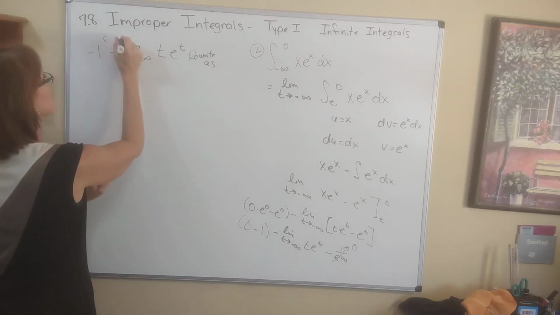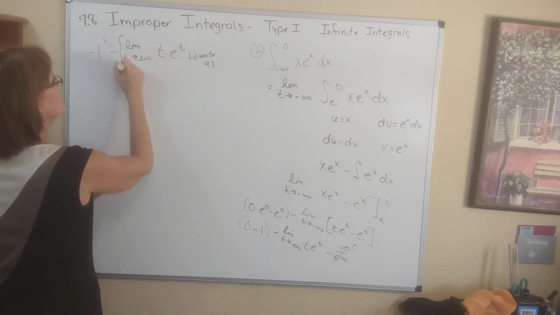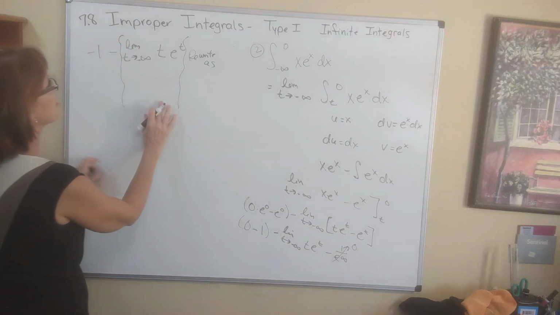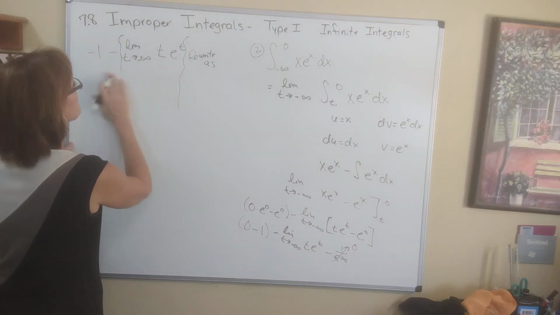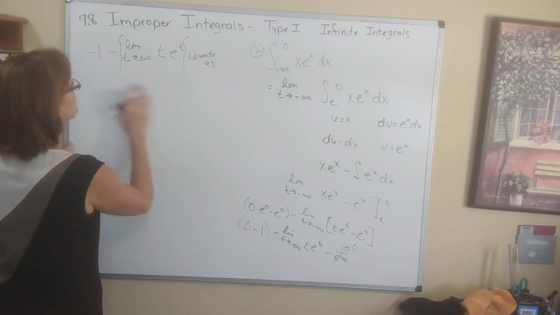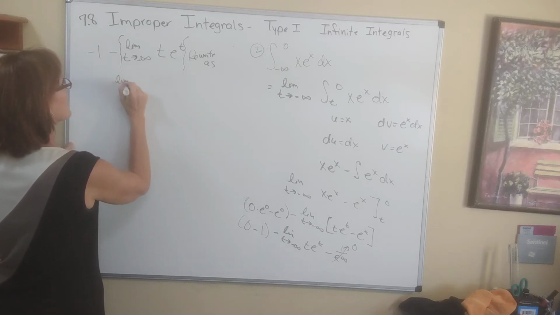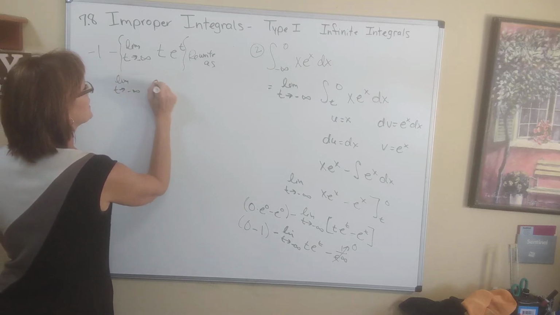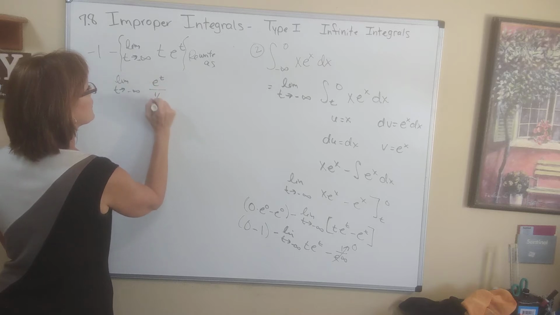This is me just working on this part right here. We'll stick it back in the rest of this in a second. Let's rewrite it as the limit as t goes to negative infinity of e to the t over 1 over t.